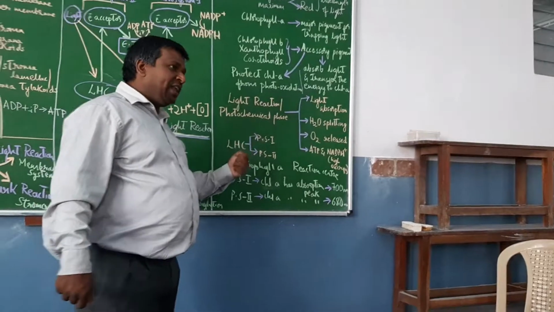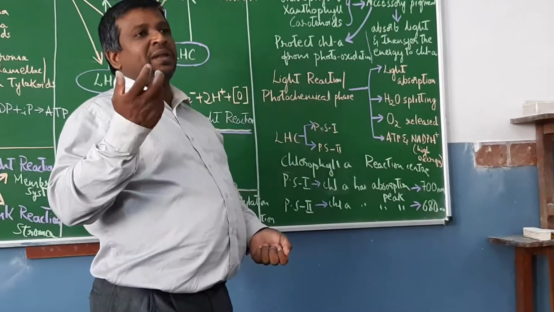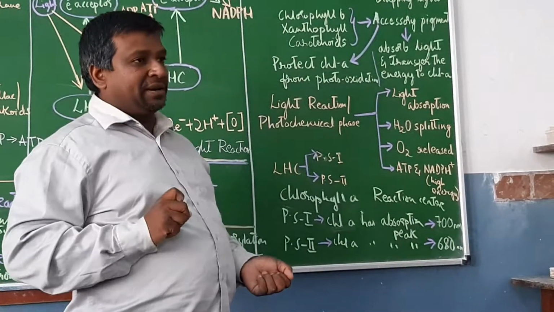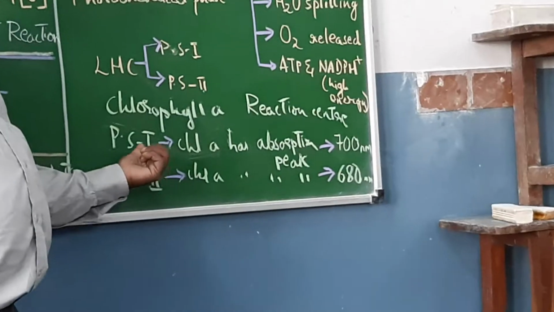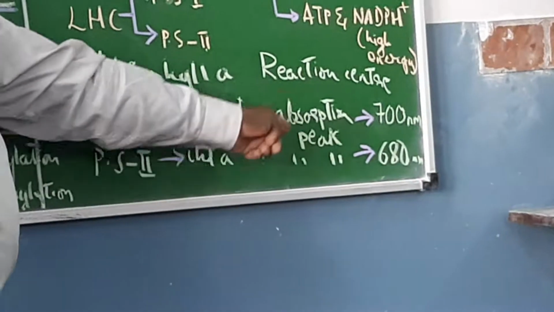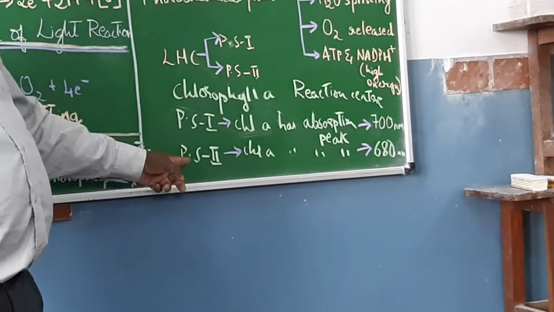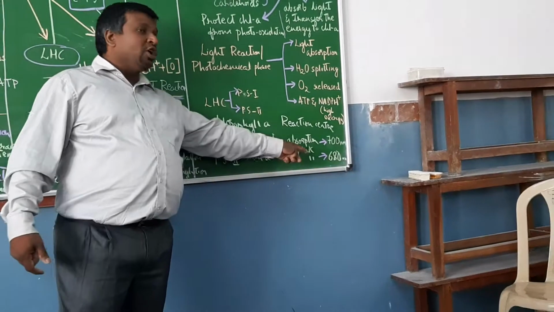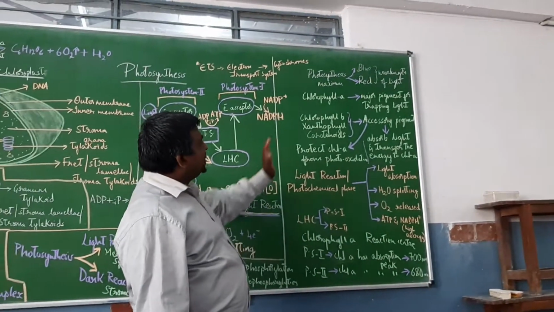The same chlorophyll A in photosystem 2 is going to absorb light at 680 nanometer. So that point I have written here. In photosystem 1, chlorophyll A has an absorption peak at 700 nanometer wavelength. In photosystem 2, chlorophyll A has an absorption peak of 680 nanometer. So that is what you have to remember.